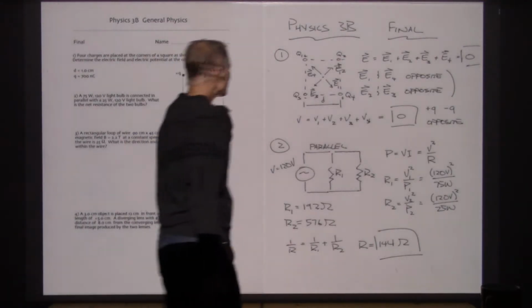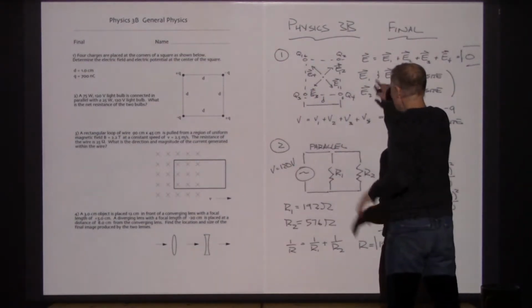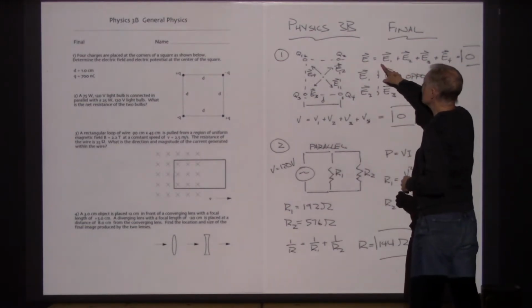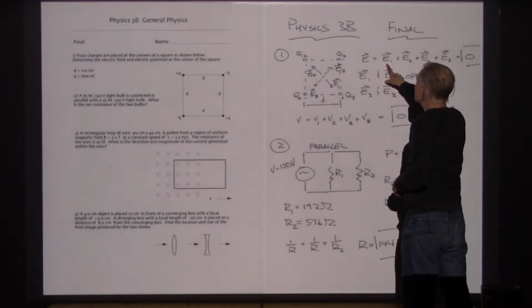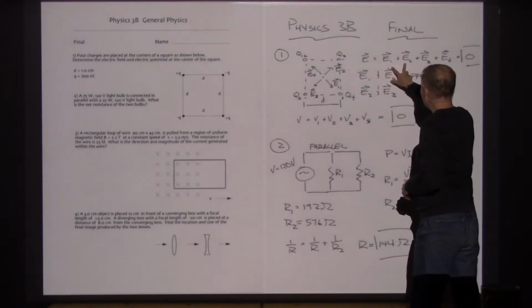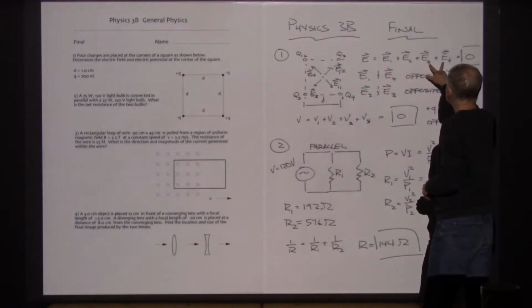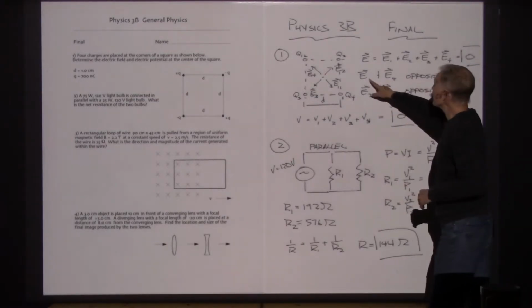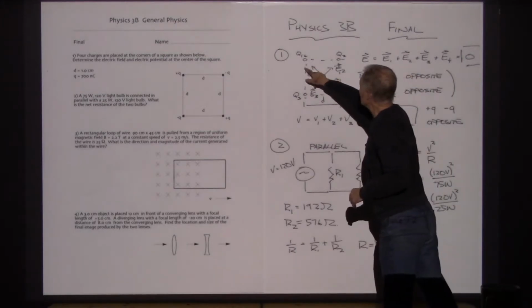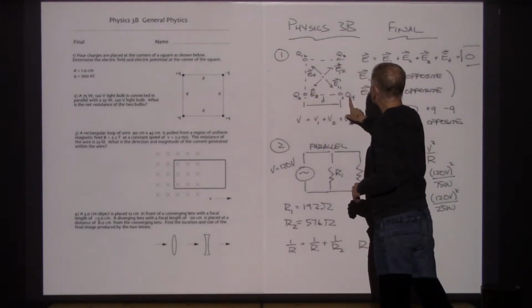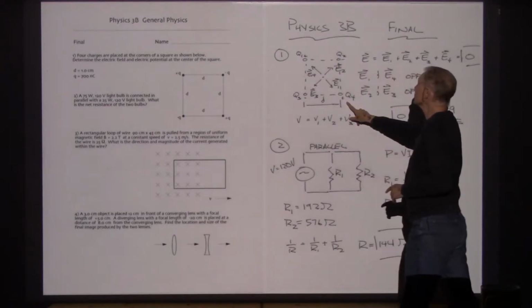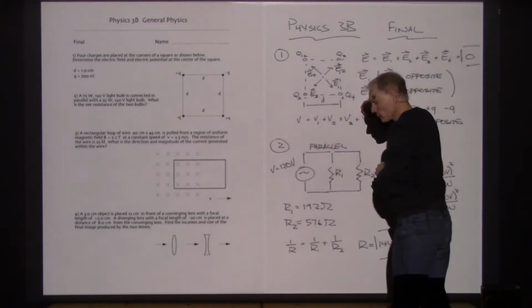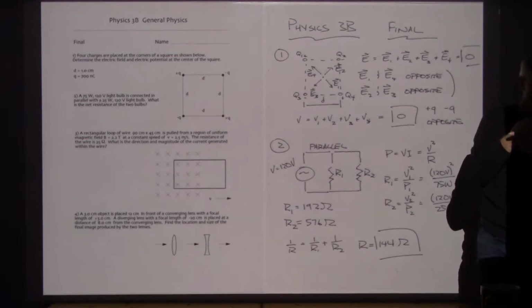So what we can say here is, I should have written down at least the formula for the electric field, but in this case, I've got vector addition of the 4 electric fields. And what we're seeing is that I've numbered these 1, 2, 3, 4, and 1 and 4 are going to generate electric fields away from the charge.